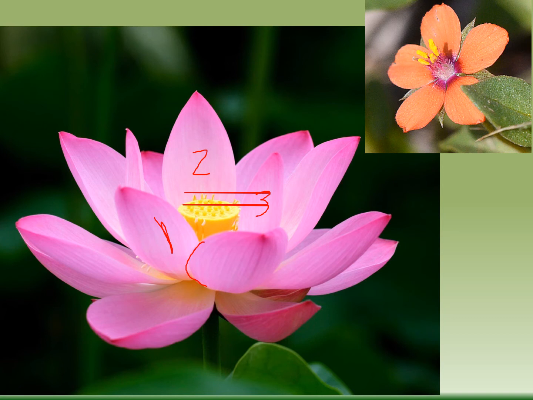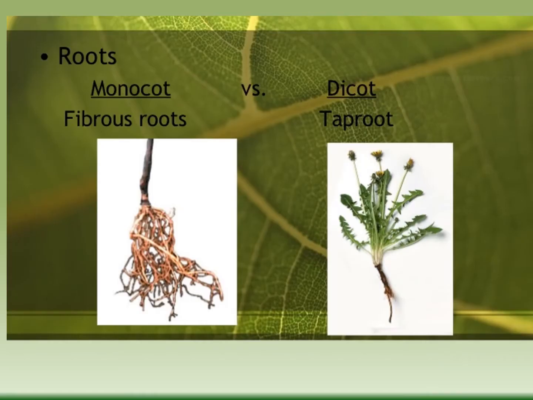Then you have your next layer, which is, let me see if I can change colors of pens. It's not letting me change my pen. Oh, there we go. Let's change it to a blue. Then you have 1, 2, and I'm making a mess out of it, 3, and that would be the second layer. So each layer is going to have 3. So this flower is indeed a monocot.